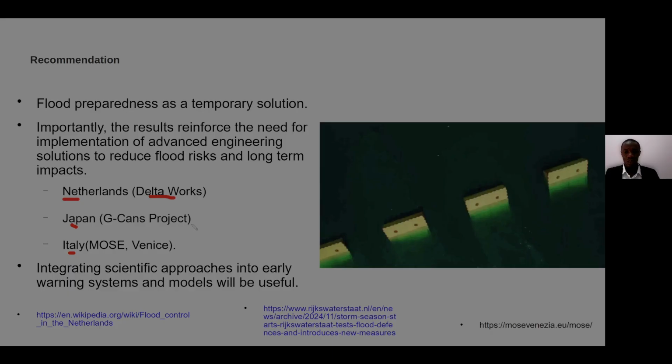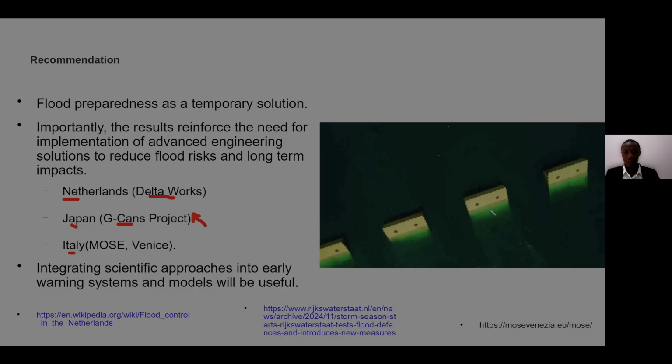Japan also has issues with flood, and so they implemented the JCANS project, in which surface runoff from the top of the surface is redirected through underground tunnels before it is finally released into maybe water bodies.